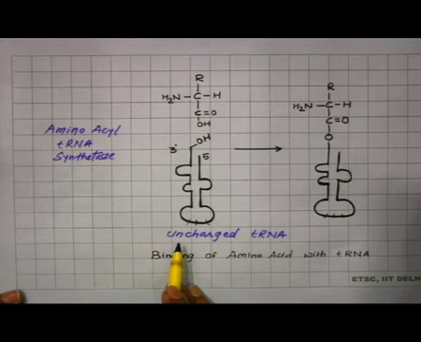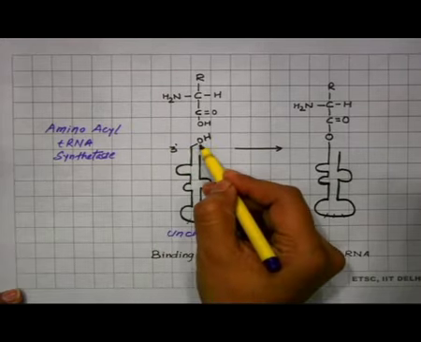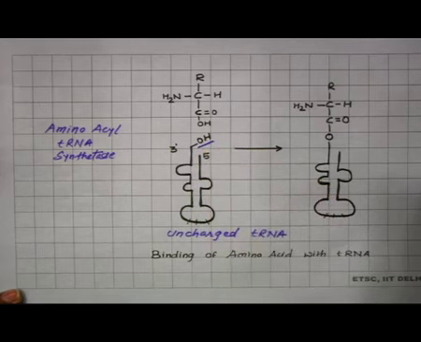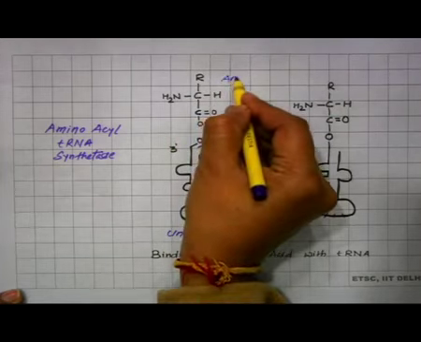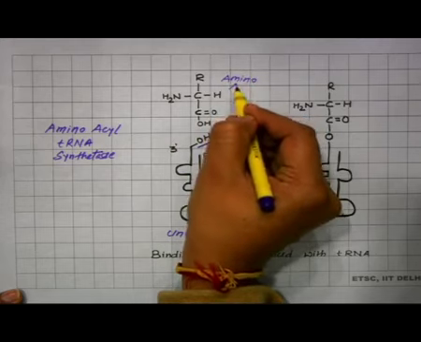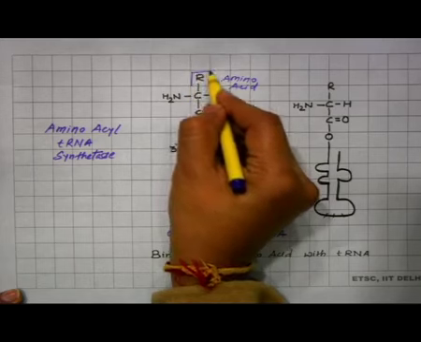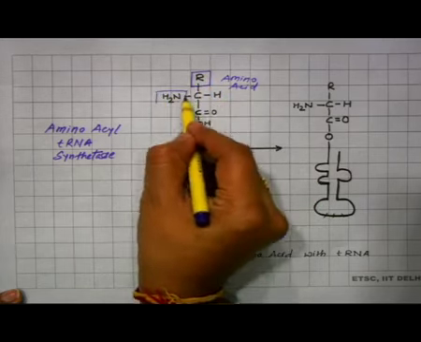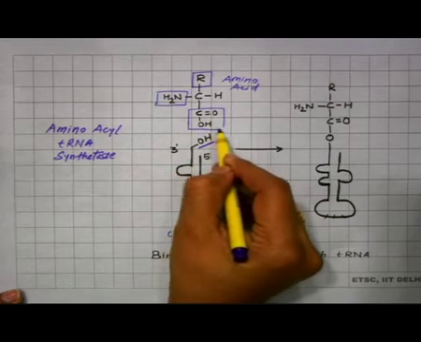You always remember that at the 3' end in the RNA there is an OH group, hydroxyl group, and in case of amino acid, this is an amino acid, here it is an R group, this is the amino group, and this one is the carboxylic group.